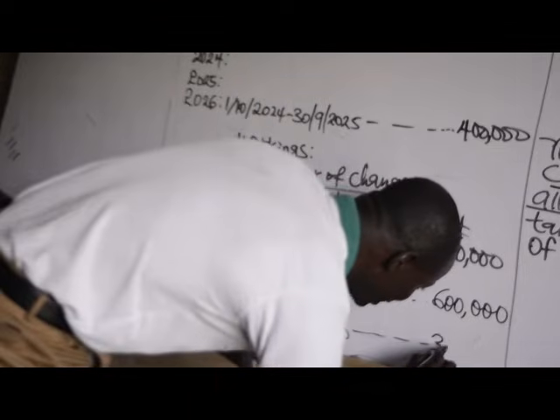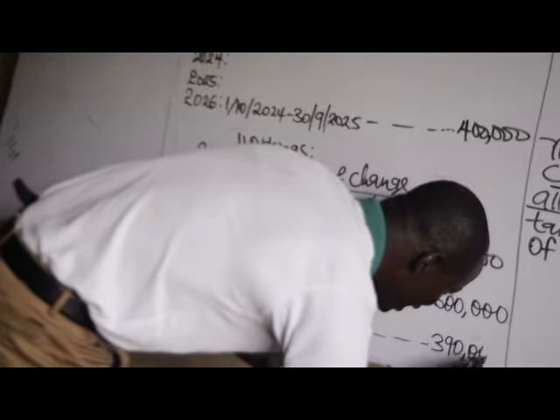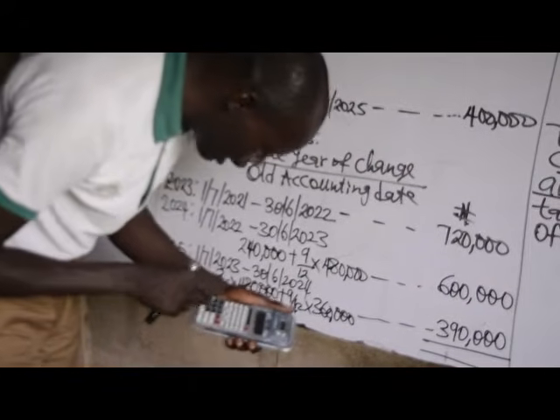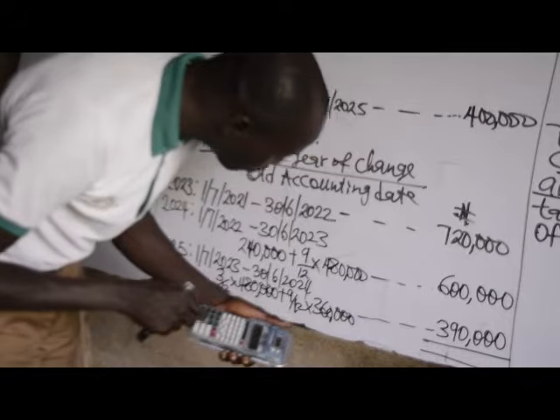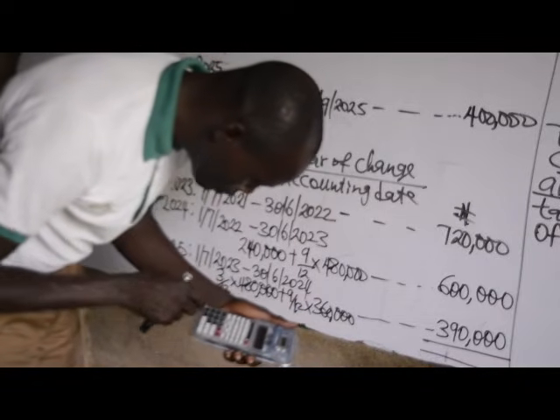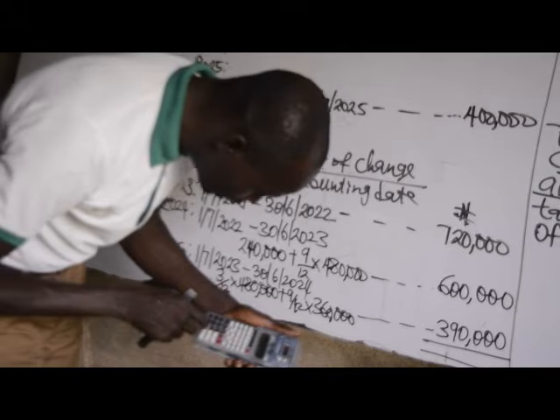The profit for that year end is 390,000. Let's sum up the 3 years profit: 720,000 plus 600,000 plus 390,000.